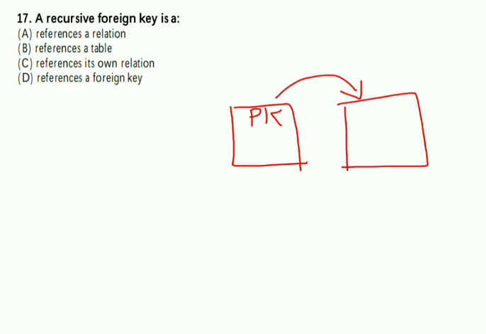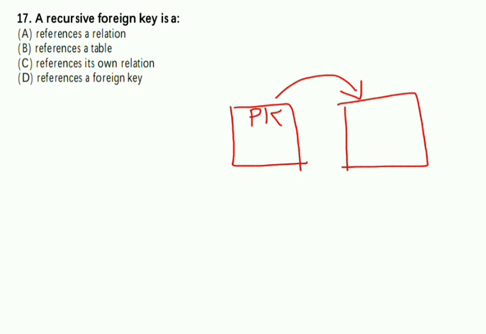Next, a recursive foreign key is. We know that a foreign key is a field in one table that uniquely identifies a row of another table. In addition, the child and the parent table may in fact be the same table. That is, the foreign key refers back to the same table. Such a foreign key is known as a self-referencing or recursive foreign key. Normally, if a key in the given table is pointing to another table, then it becomes a foreign key.